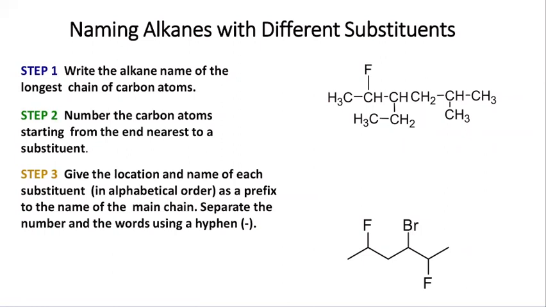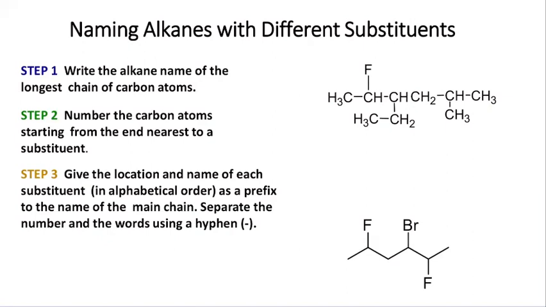Then, when we have different substituents, we need to give the location, but we need to be guided to write those substituents in alphabetical order, okay? And remember, whenever we have names and words, we're going to separate them by a hyphen. So let's do the following examples, okay?